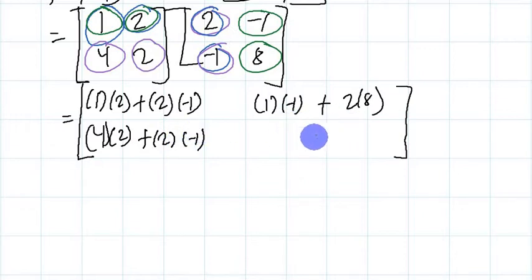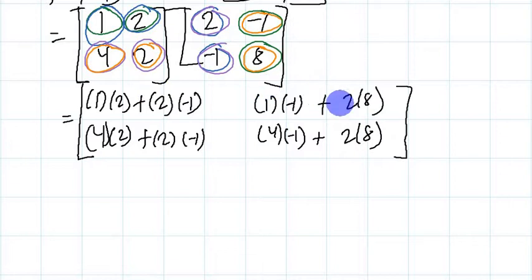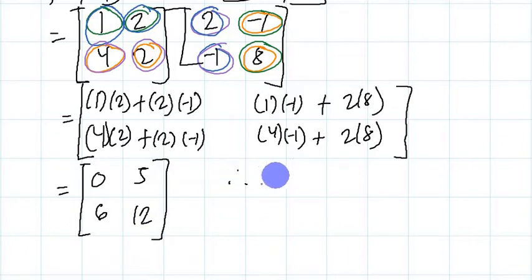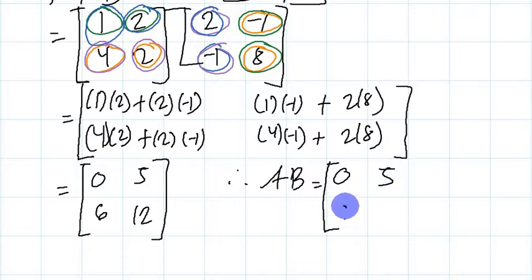So for entry row 2, column 2, we're going to have 4 times negative 1 and add 2 times 8. And simplifying these expressions, we're going to have 0, 5, 6, and 12. So therefore, the product AB would be equal to the matrix having the elements 0, 5, 6, and 12.